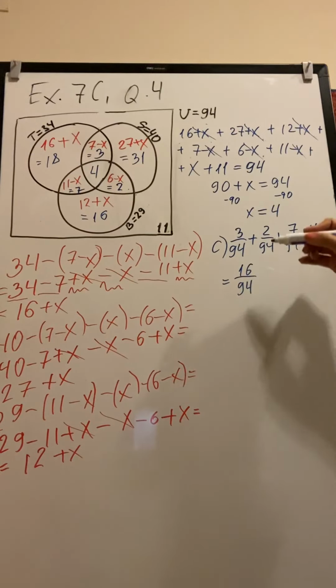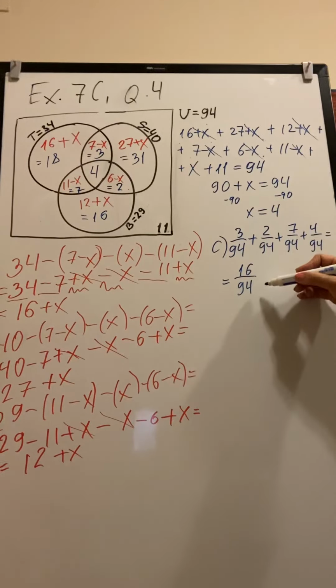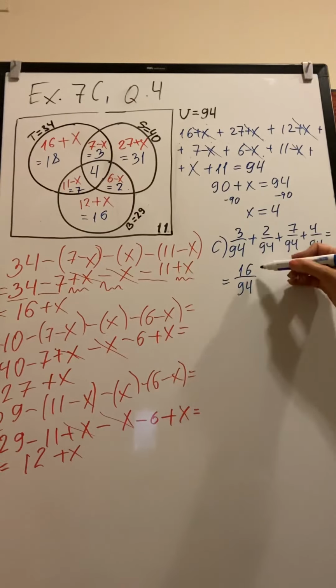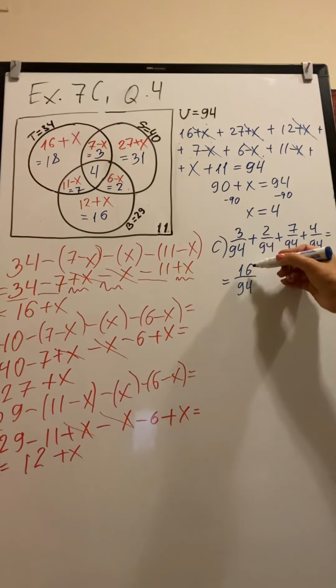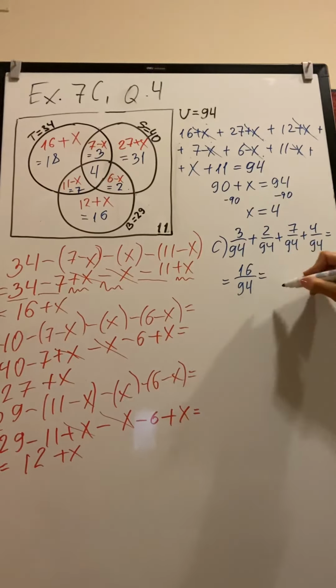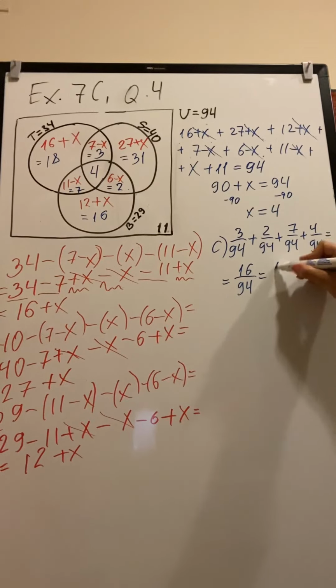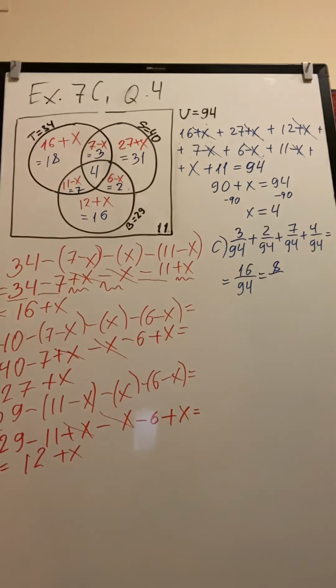Wherever we have a chance, a possibility to simplify a fraction, we absolutely must, okay? These 2 numbers, they are even numbers. That means that they can be divided by 2. 16 divided by 2 is 8. 94 divided by 2 is 47.